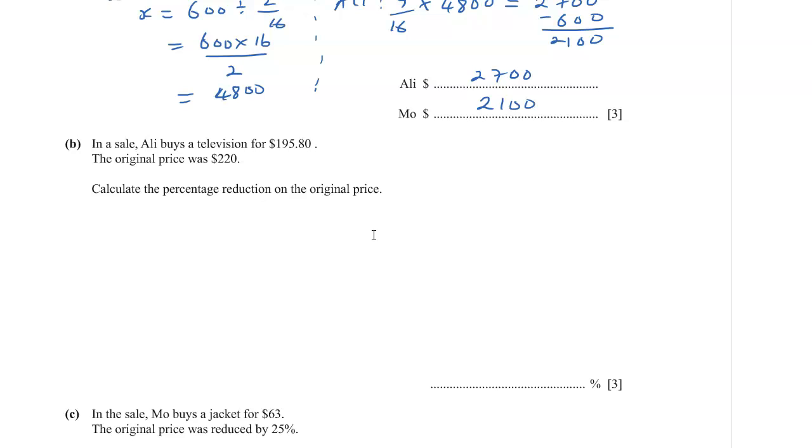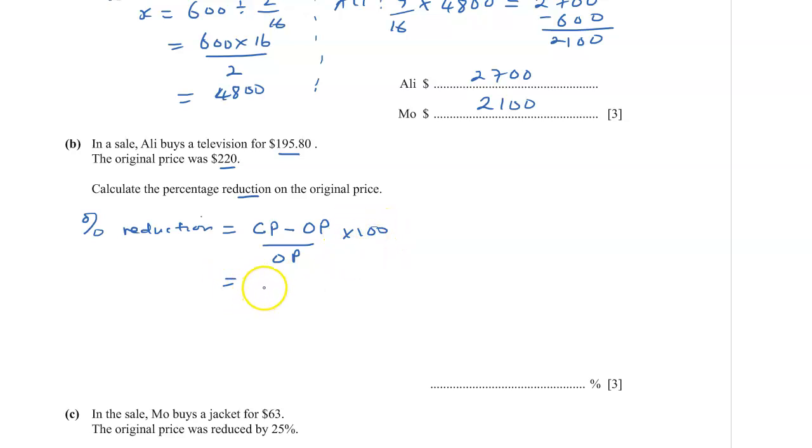Part B. In a sale, Ali buys a television for 195.8. The original price was 220. Calculate the percentage reduction on the original price. So the percentage reduction is equal to the original price minus the sale price, divided by the original price, times 100.